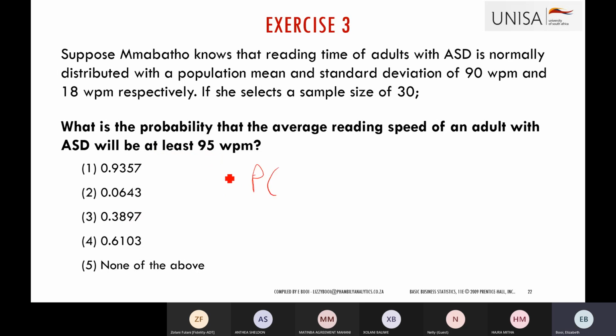They're asking you to find the probability that the average will be greater than or equal to 95. Ask yourself, what is it given? What do you need to do? I'm gonna give you 5 minutes.